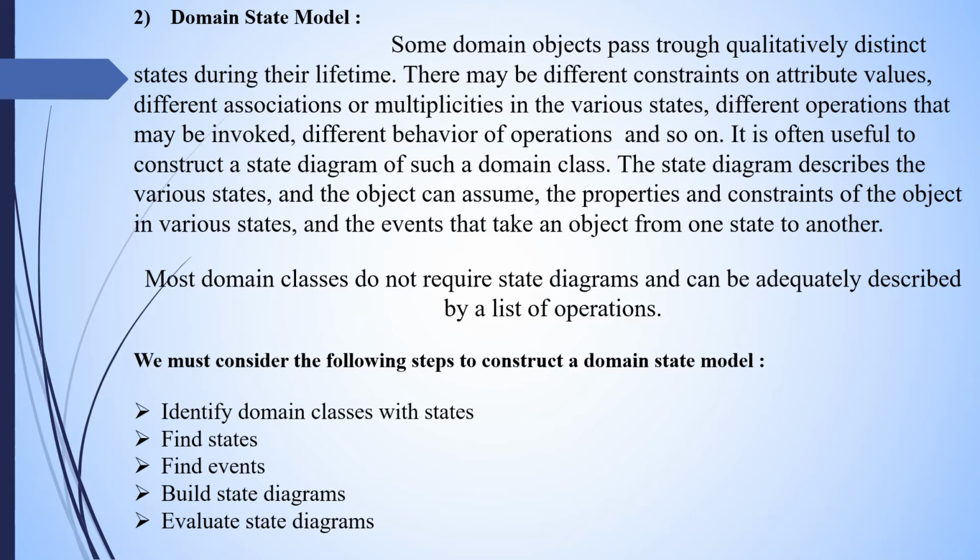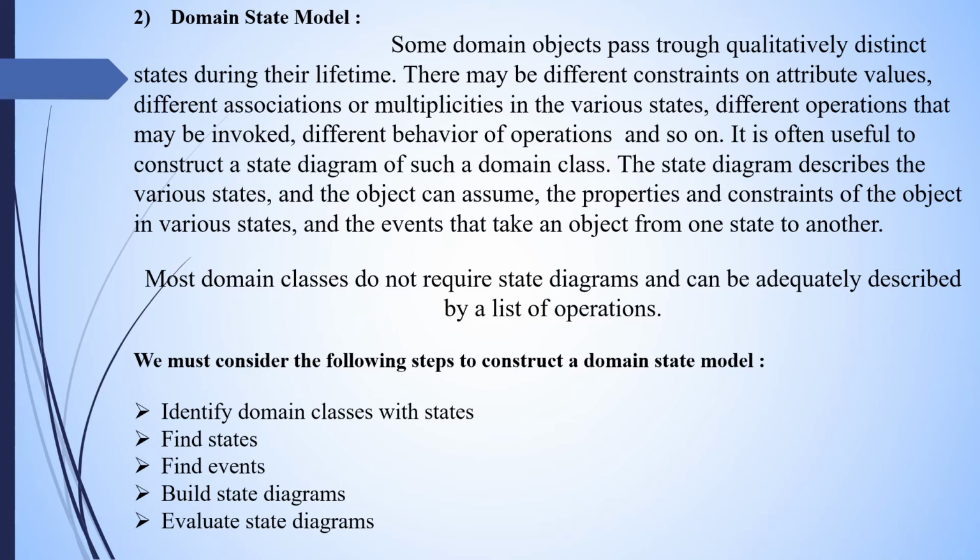The state diagram describes the various states the objects can assume, the properties and constraints of the objects in various states, and the events that take an object from one state to another. Most domain classes do not require state diagrams and can be adequately described by a list of operations.